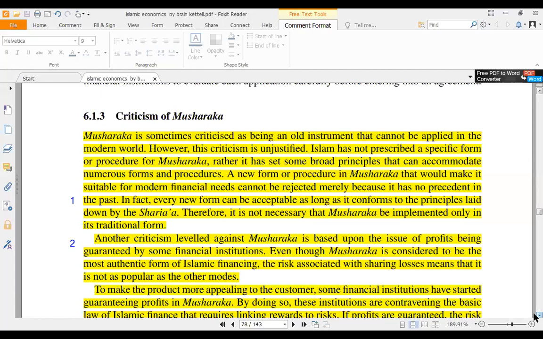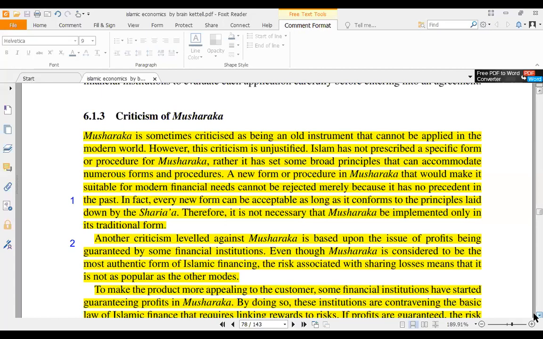The modern Western world criticizes Musharaka in such a way that Musharaka is based upon the issue of profits.